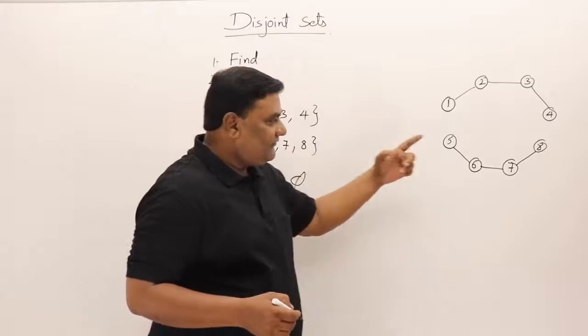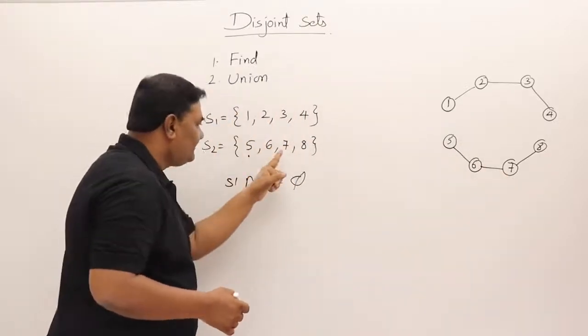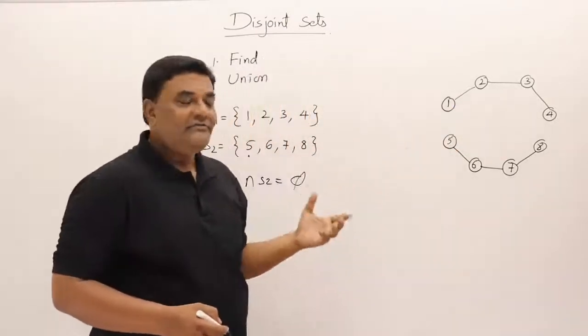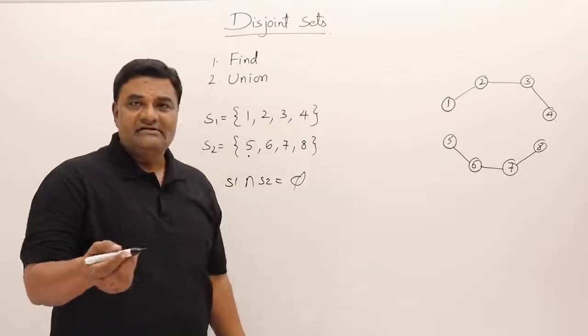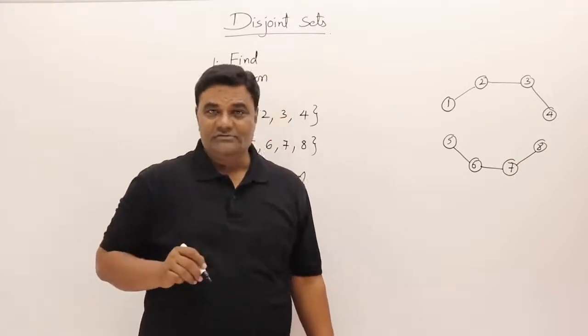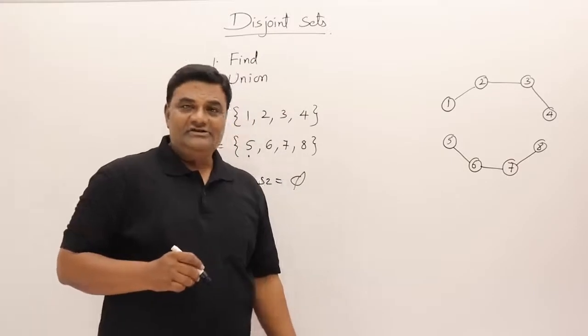Like I want to find 7. It doesn't belong here. Okay, here it belongs, so set 2. Then find 3. Where is it? Here. So it is set 1. Find operation is very simple. You have to find out which set it belongs to. I am showing you just mathematically. Later we will come to the data structure.